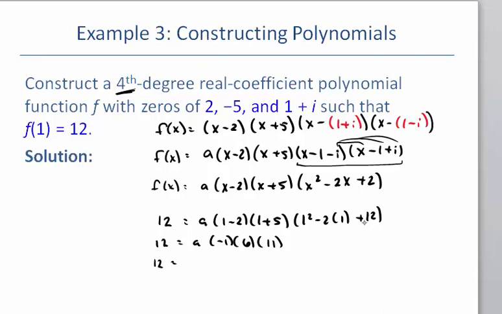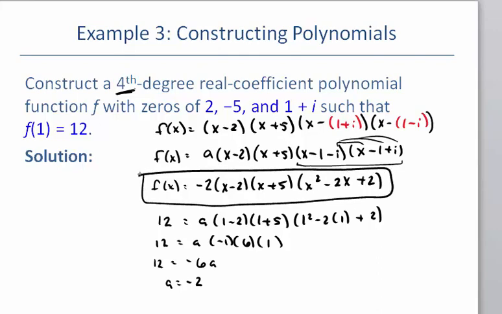All right, so that should be a 2, which would make that 1 squared minus 2 plus 2, which makes that a 1. All right, so we're going to have -6 times a, so a is going to need to equal -2. All right, and so now I can come back up here, and in place of this a, I am going to plug in a -2. And we have our polynomial.